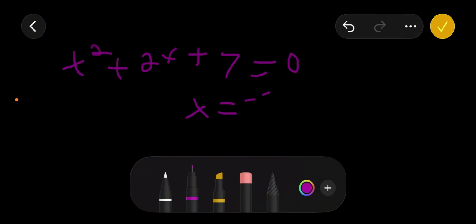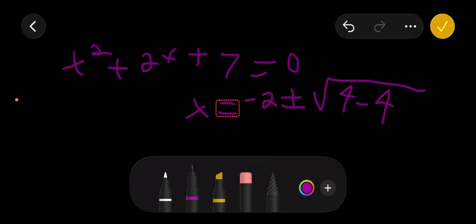So negative 2 plus or minus the square root of 2 squared, or 4, minus 4 times a times c, or 4 times 1, because there's an imaginary 1, times 7, or just 4 times 7.